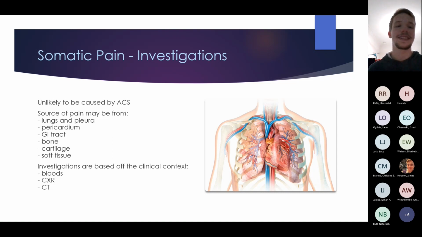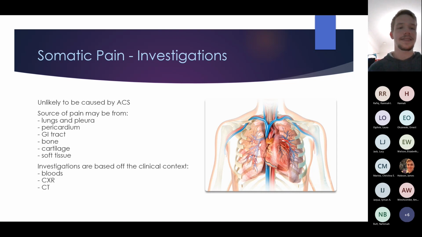So that's the idea of the investigations, to narrow it down and work out what system is causing it. So mentioned all those, just the pericardium as well, that can often present as a sharp pain because that's innervated by the somatic part of your nervous system.